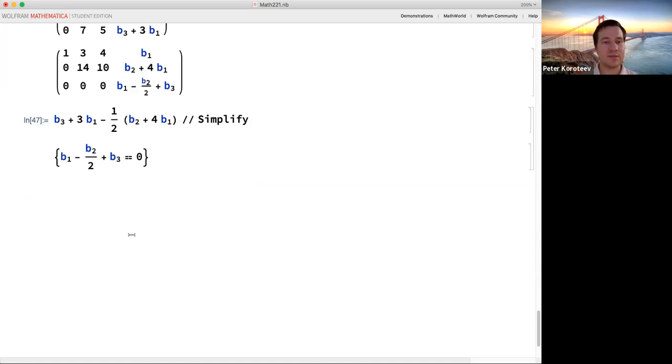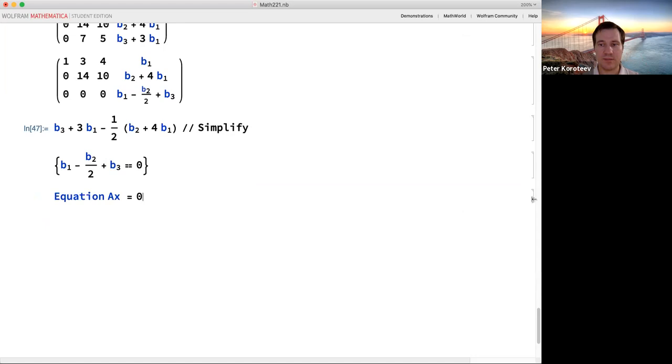Okay, and for now, I think the last story for today, we'll look at equations of the form Ax equals 0, where x is a vector and A is a matrix.